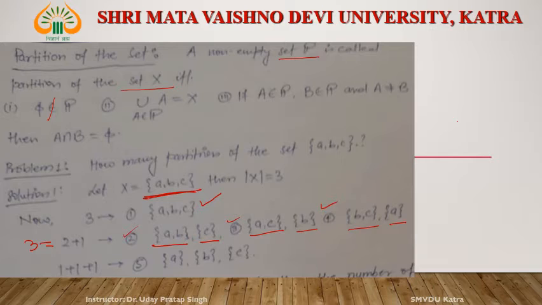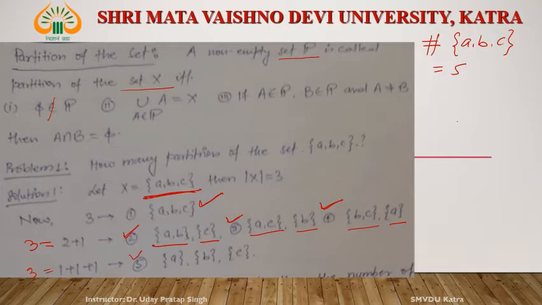Now 3 can be written as 1 plus 1 plus 1, that is A, B and C. Then the number of partitions of the set ABC is equal to 5: 1, 2, 3, 4 and 5.